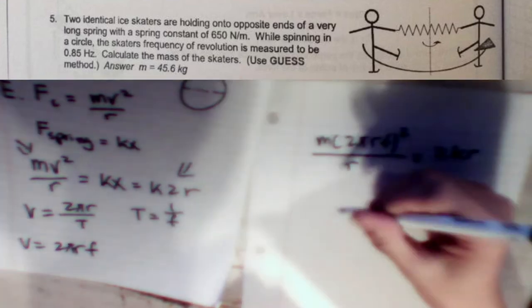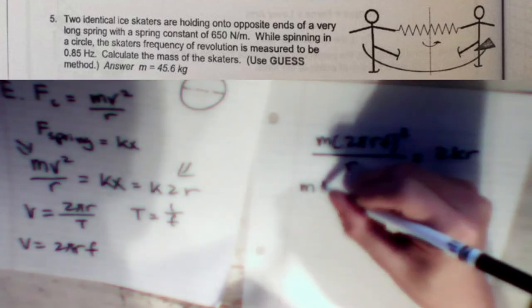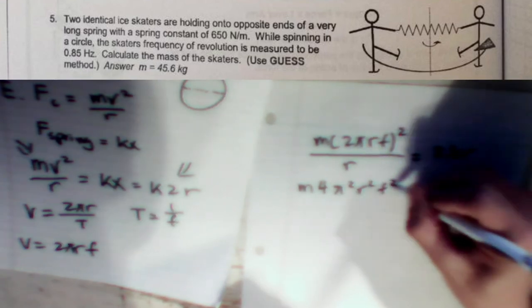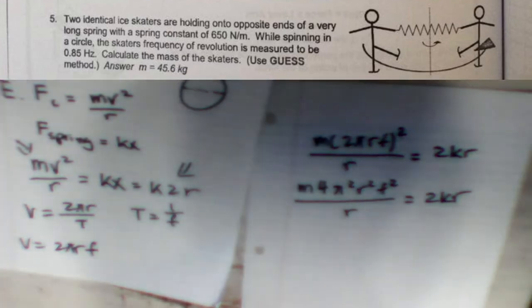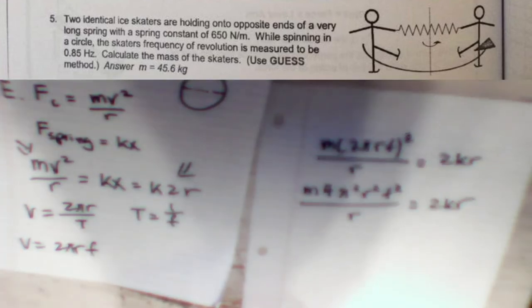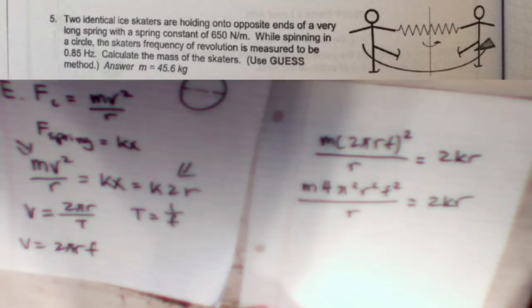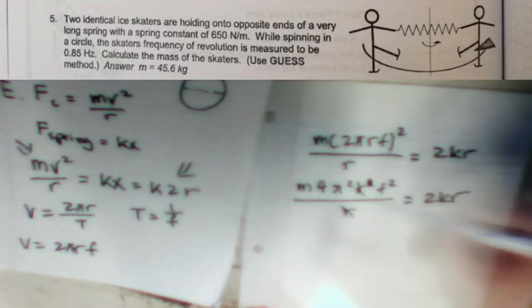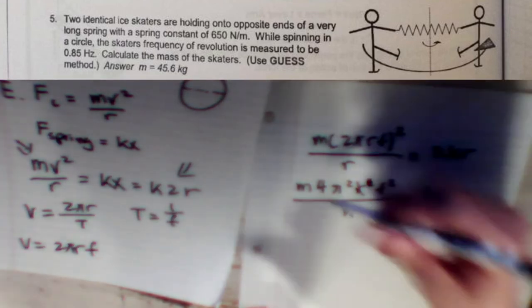Now let's expand it. m times 4 times pi squared times r squared times f squared over r is equal to 2 k r. And now it looks like we have some serious canceling out to do. I see this r and this r, and then this radius with the radius on the other side. I see a 4 here and a 2 on the other side, so I'll change that to a 2.